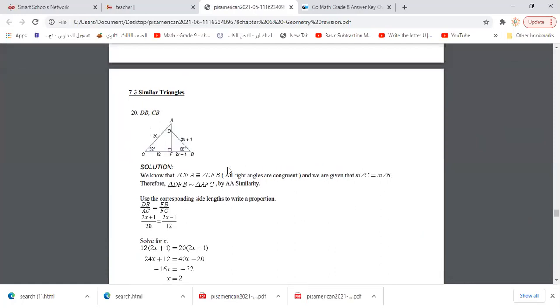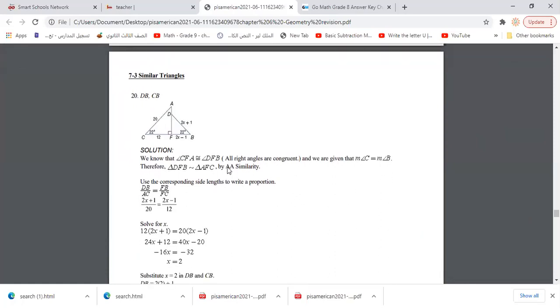What else do we have? Yes, in this question, he said that we know that angle CFA, which is a right angle, is congruent with DFE, right?